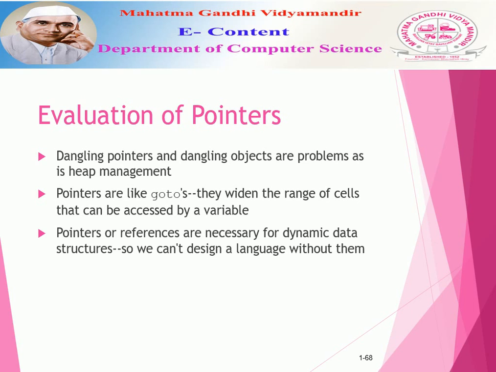So pointers are like gotos, they widen the range of cells that can be accessed by a variable, and references are necessary for dynamic data structures, so we can't design a language without them. So this is your evaluation of pointers.